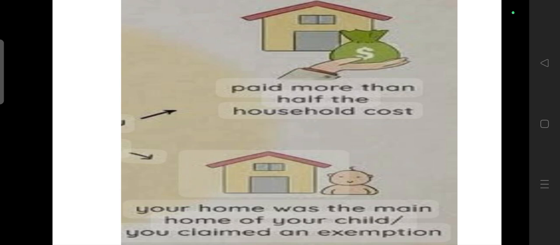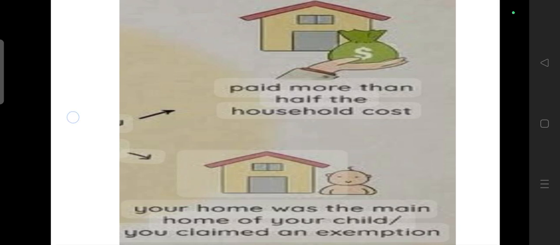There is no question of giving the child elsewhere; that is not possible. This is the main important condition: the dependent child should stay with the taxpayer throughout the year. If these two conditions are met, they fall under the qualifying widower and can enjoy the status for 2 taxable years following the death of the spouse.